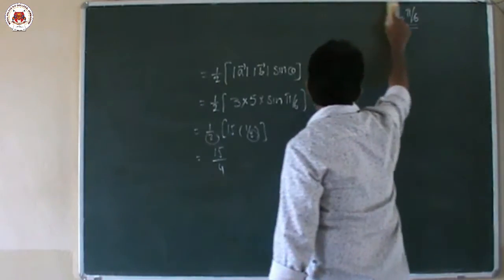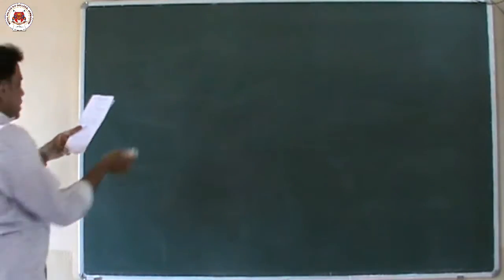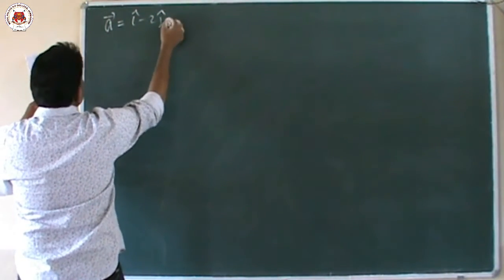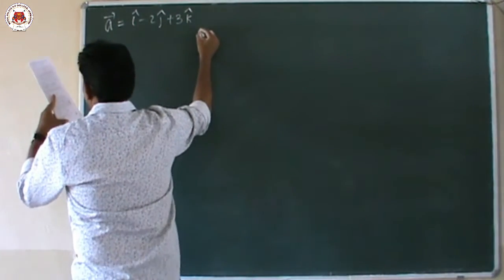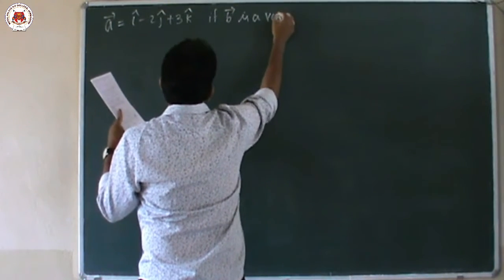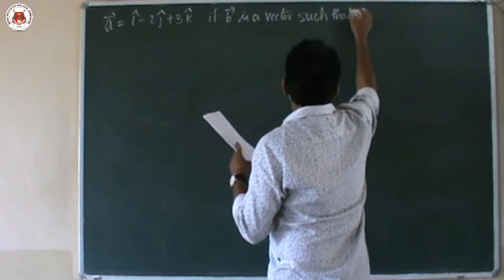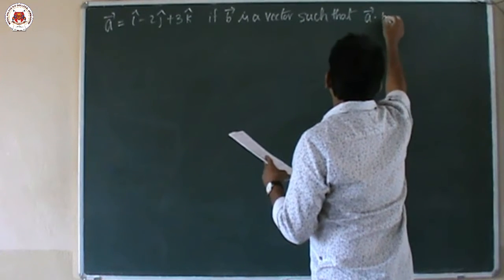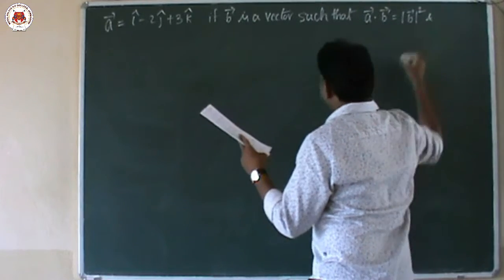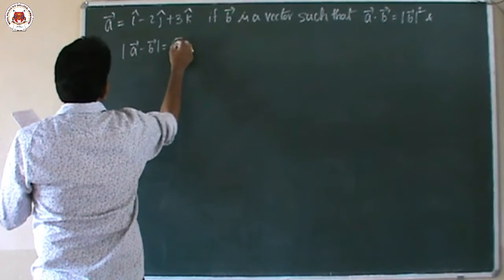So the last question is: if vector a is equal to i cap minus 2j cap plus 3k cap, and vector b is a vector such that vector a dot vector b is equal to mod b vector whole square, and mod of vector a minus vector b is equal to root 7.